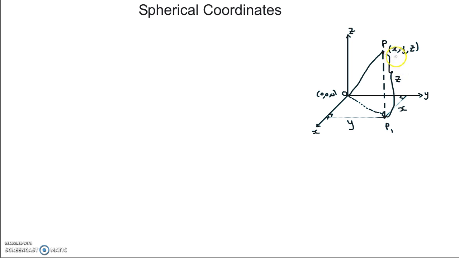So in the spherical coordinate system, we have three different parameters. Let's call them r, theta, and phi. So what are those? If we connect the origin to our point P, the distance of that segment is r, the radius.